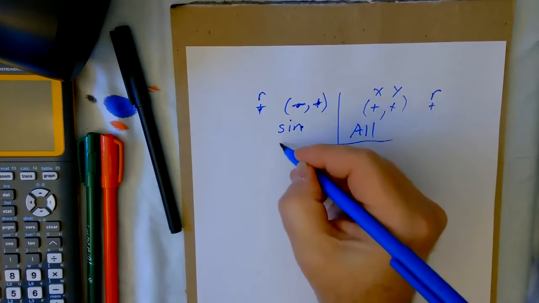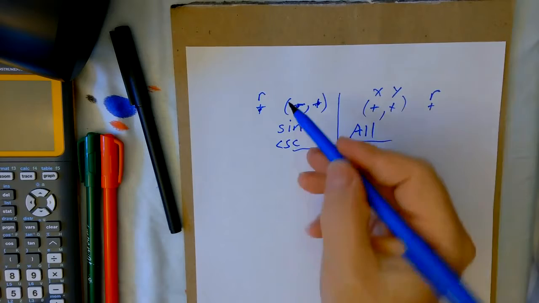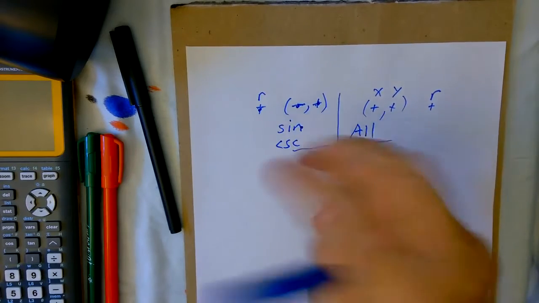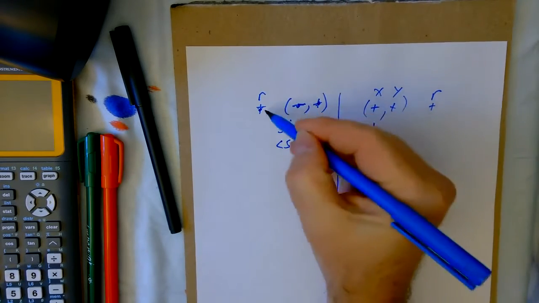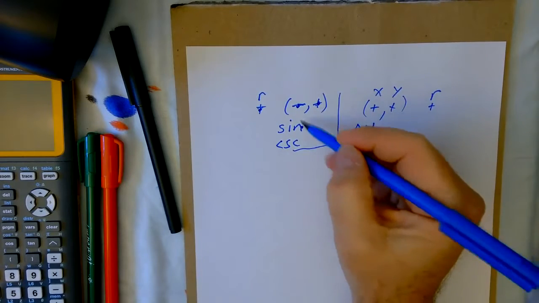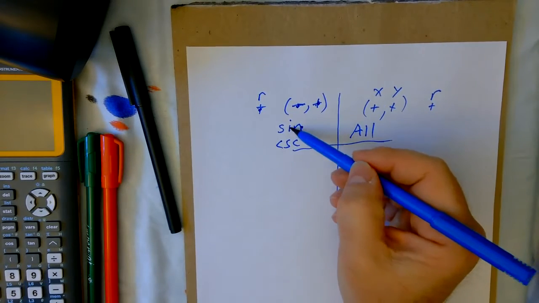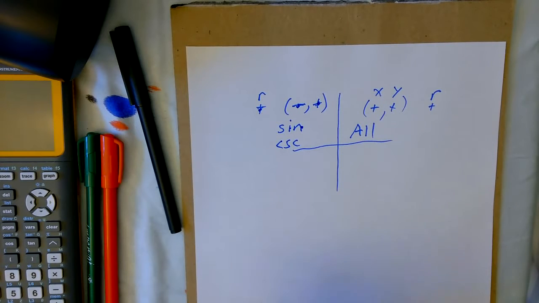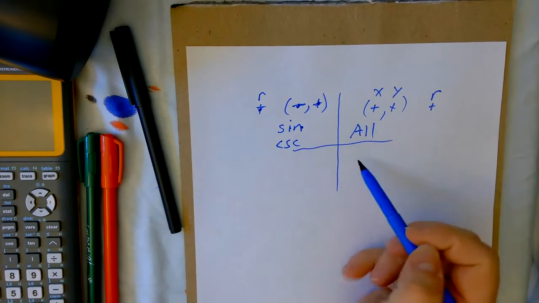Since sine is positive, cosecant has to be positive. But the others will be negative because cosine was negative, so its reciprocal secant will also be negative. Tangent was negative, so its reciprocal cotangent is also going to be negative. So in the second quadrant, sine and cosecant end up being positive. Everybody else is negative. So what we're going to be doing is keeping track here of who comes out positive.